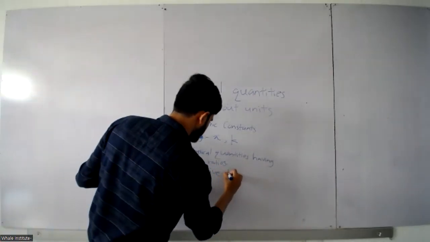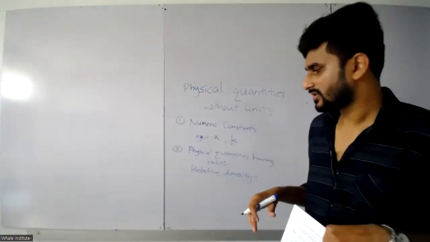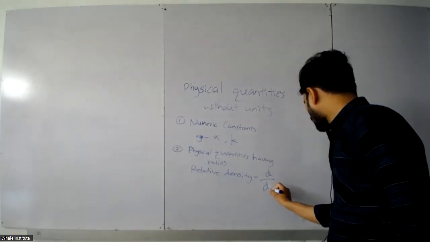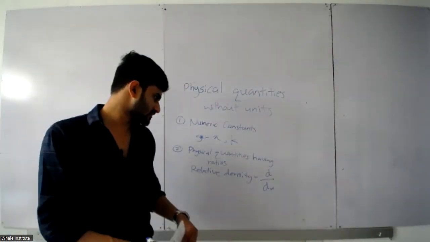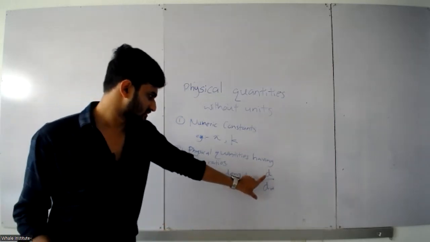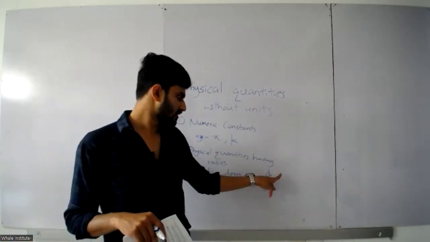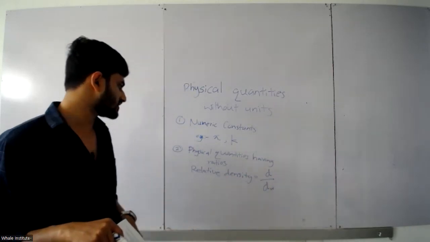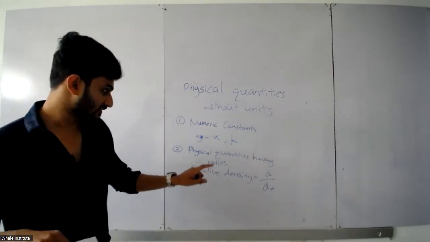Relative density is the density of some substance over the density of water. We are comparing the density of a substance with the density of water, so we are getting a ratio between the two densities. The units, kilograms per cubic meter over kilograms per cubic meter, cancel out, so there are no units to express relative density. It's only a value.